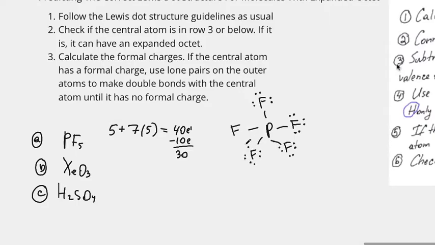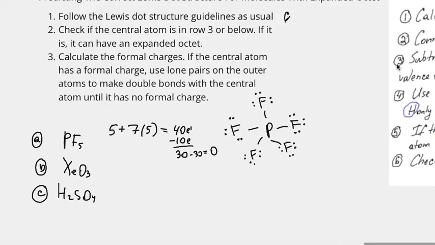Each fluorine gets 6 electrons. We just used 6 electrons times 5, which is 30, so we just used all of them, and it's equal to 0. So we have no electrons left, and it seems at first glance that all of the fluorines are happy because all of them have 8 electrons, and the phosphorus has 10 electrons. So next we will calculate formal charge.